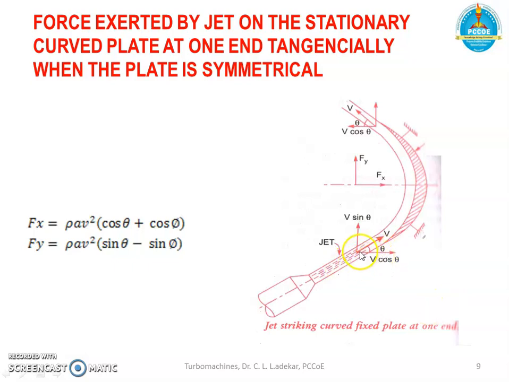When it is going with a velocity at angle theta with the horizontal, you can resolve the component into v cos theta and v sin theta, and it will come out with the same velocity in the direction of the plate. So this is theta angle again, and since it is symmetrical, this is v cos theta and this is v sin theta. The only difference is this v cos theta is going from right to left, and this one is going from left to right.